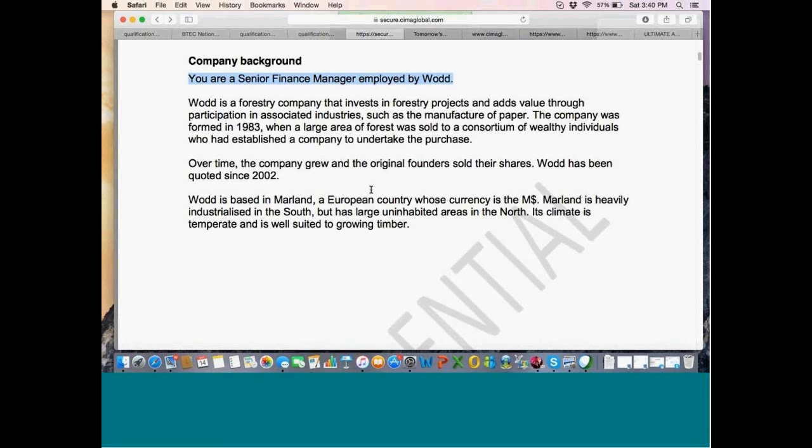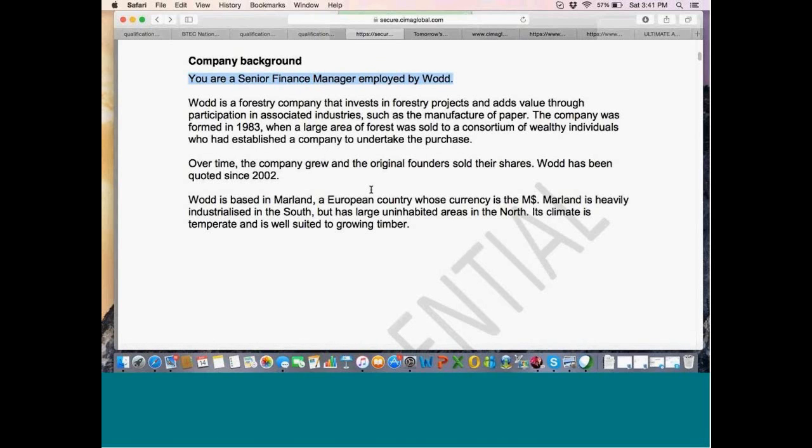This is again an area where people don't assume that role, and hence respond in a different manner. The examiner looks at the answer and asks, has the person assumed the role of a senior finance manager, and is the person writing in that context?